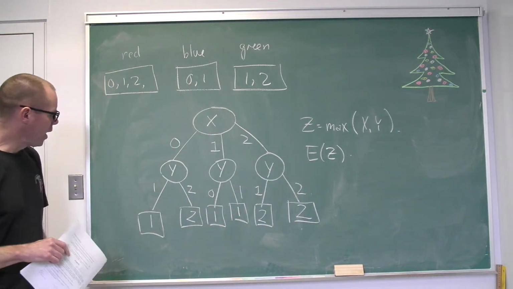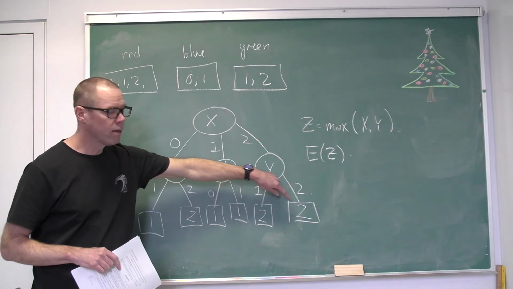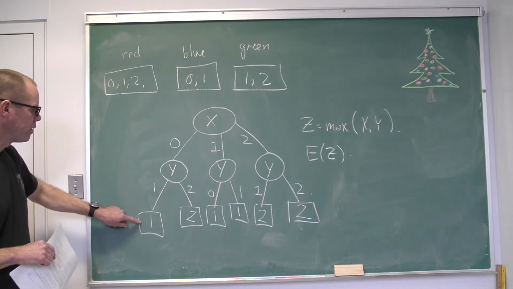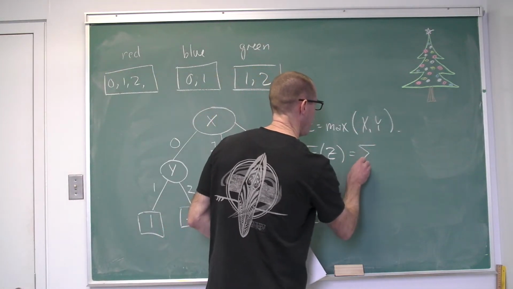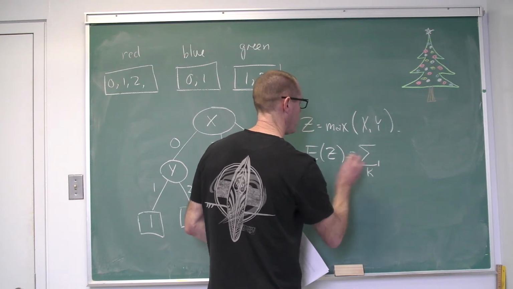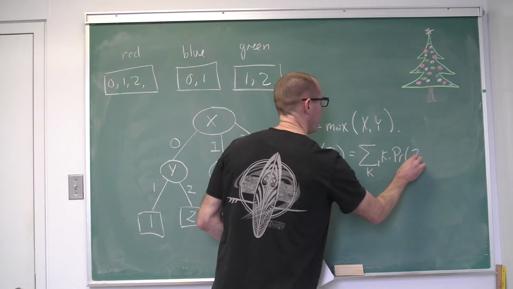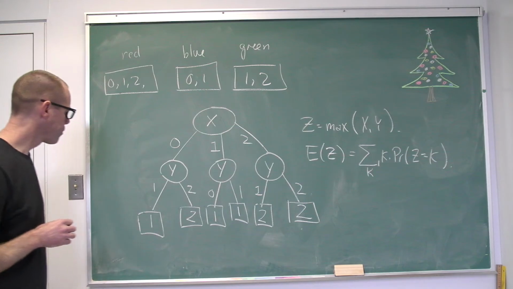Well, for that, we need to know the probabilities of each of these outcomes, these values for z, because of course the expected value of z is just the sum over, let's call it k, not to confuse things, of k times the probability that z is equal to k.